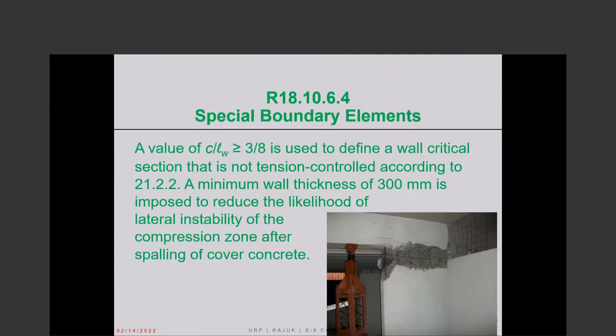The commentary explains a value of C larger than or equal to 3/8 of L sub W is used to define a wall critical section that is not tension controlled according to the referenced section. In that case, a minimum wall thickness of 300 millimeters is imposed to reduce the likelihood of lateral instability of the compression zone after spalling of cover concrete.